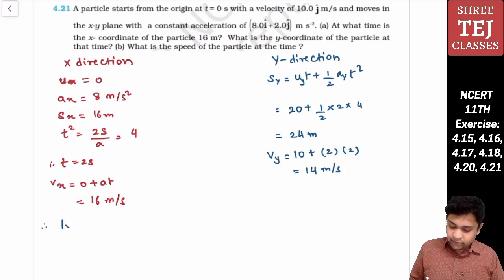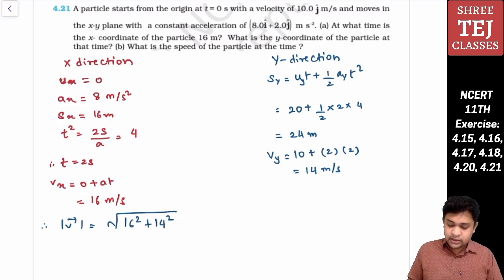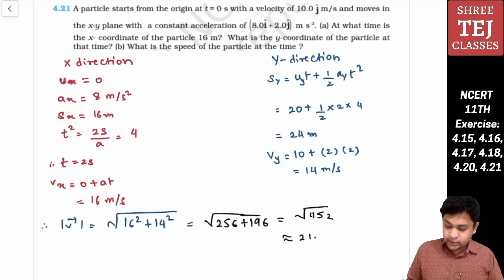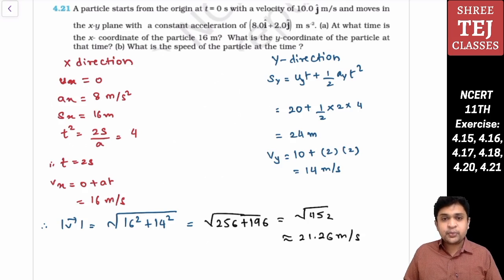Therefore magnitude of velocity will be under square root 16 square plus 14 square, so under square root 256 plus 196, which is equal to under square root 452, which is approximately 21.26 meter per second.